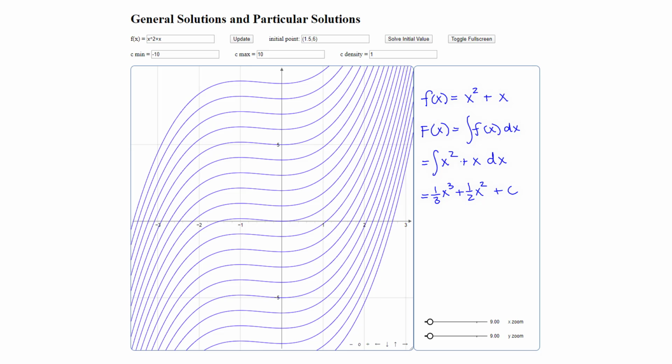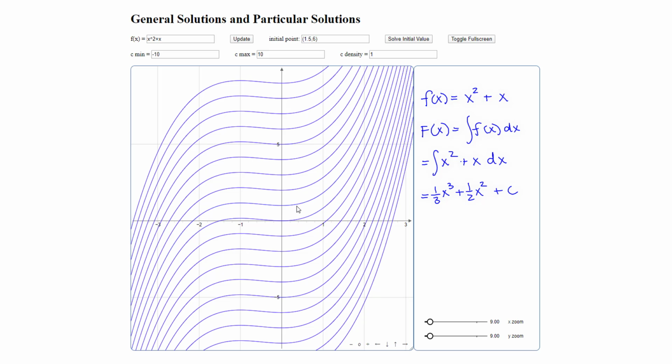So what you're looking at is each one of these curves is the graph of 1/3 x cubed plus 1/2 x squared plus some arbitrary constant. But I've put in a bunch of different arbitrary constants. So when the arbitrary constant is 0, then the curve that's actually passing through the origin is probably the one that is.